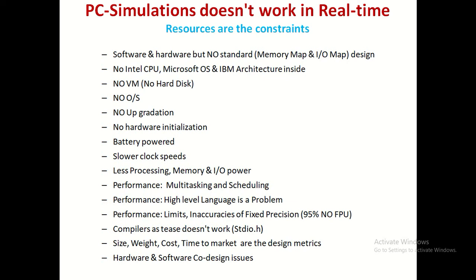The next point is about the operating speed. Power consumption and operating speed are directly related. As my operating speed goes on increasing, the amount of power consumed by the device also increases.